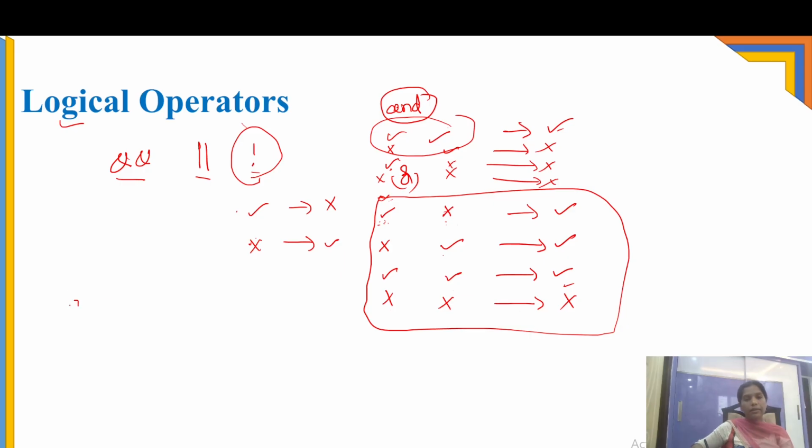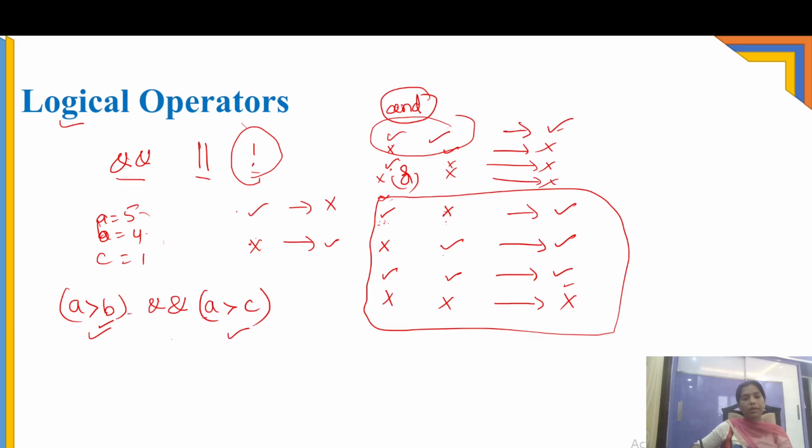For example, A greater than B and A greater than C. For example, A is 5, B is 4, C is 1. These are the values we have. So the first statement, A greater than B: 5 is greater than 4, yes, true. And 5 is greater than 1, yes, true.